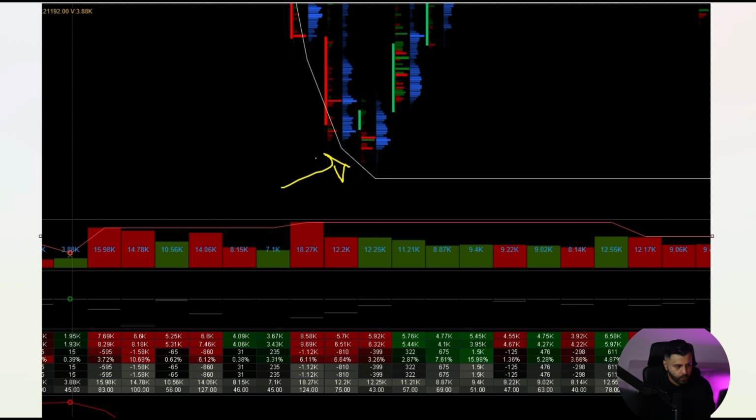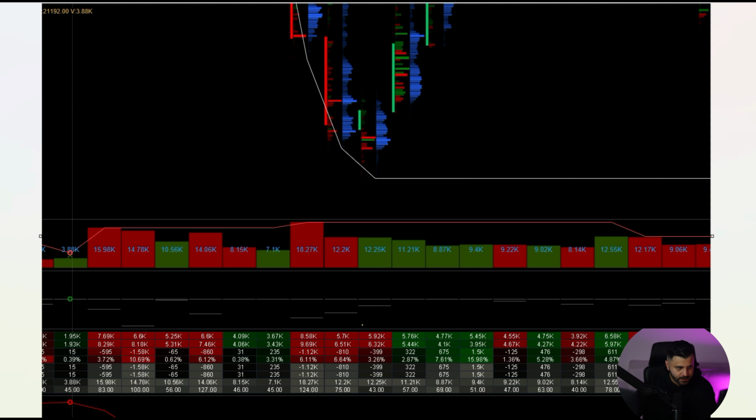Number one, we have buyers stepping in. Not only that, they're stepping in, but they're actually getting rewarded. So the price is now moving in the opposite direction. It's starting to move higher. Okay, this price is moving higher now. You know, price is starting to change direction.